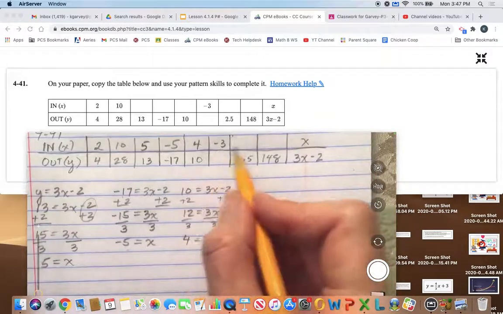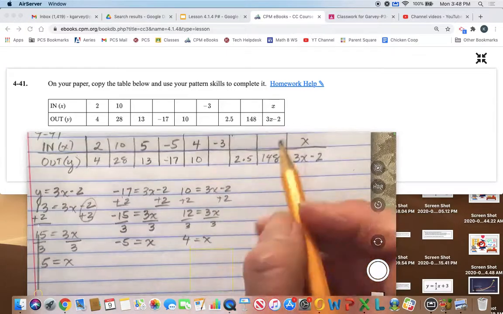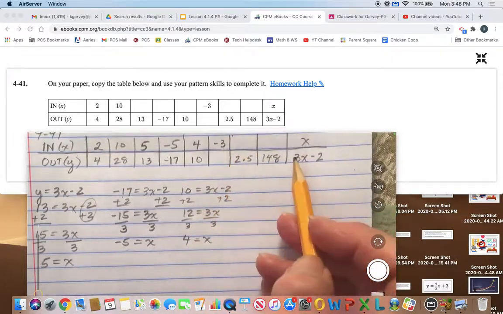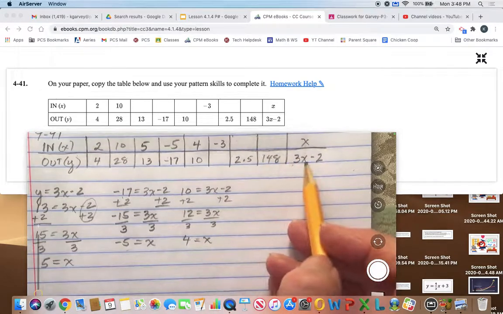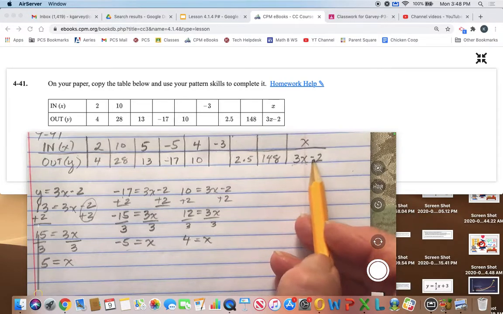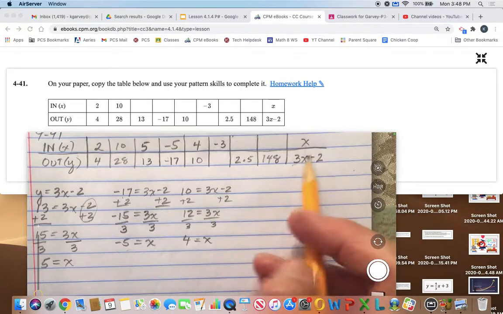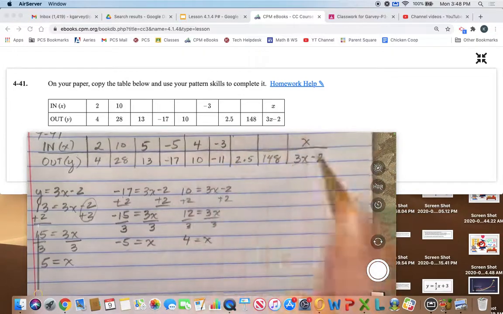Now this one is different because we've got the x value and we need to figure out what the y value is. So 3 times positive 3 is 9, and negative 9 minus 2 is going to be negative 11.